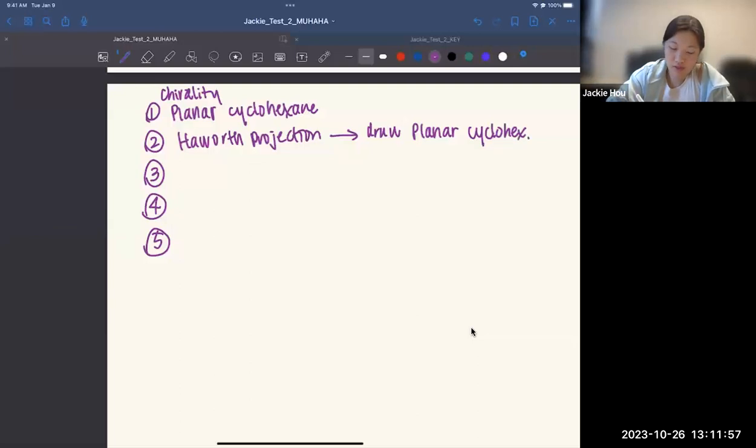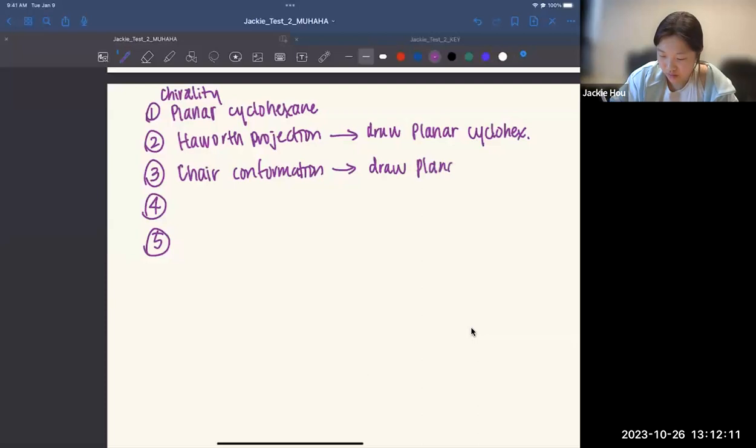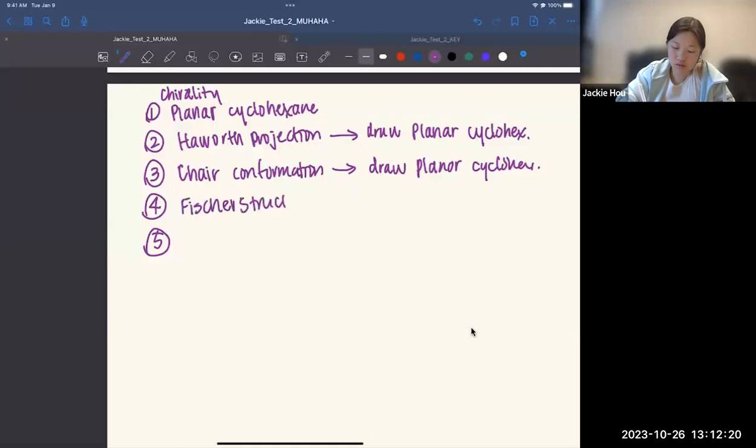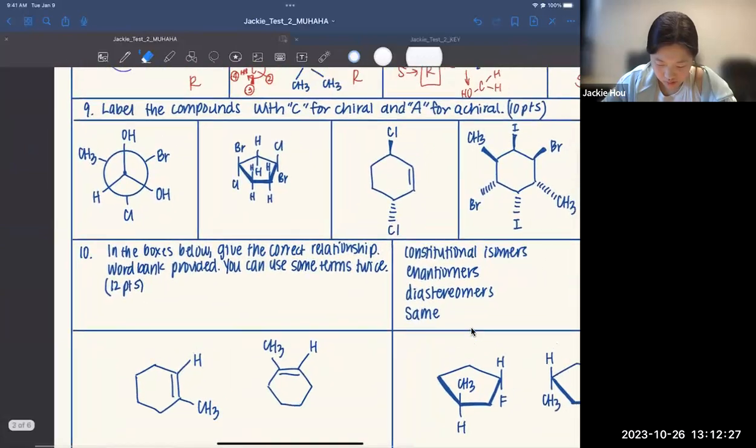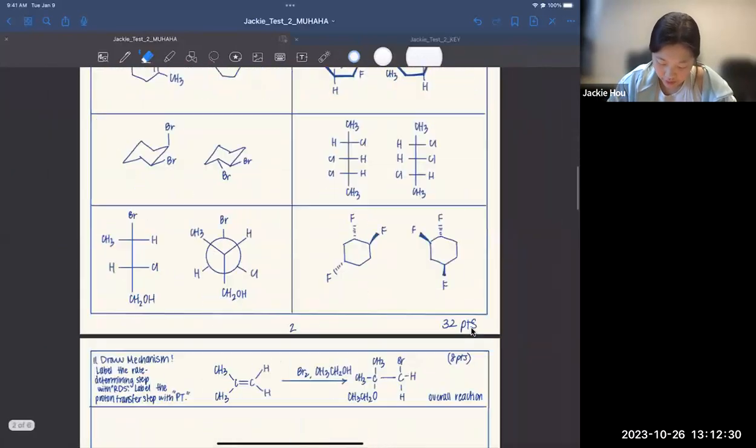You might be given a chair conformation, and in this case, you also want to draw it as a planar cyclohexane. And then you also might be given a Fischer structure. And then, oh yeah, and then Newman projection.